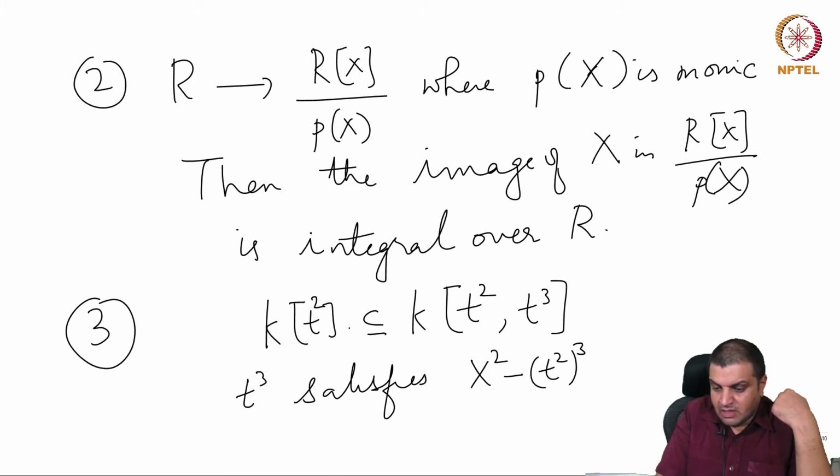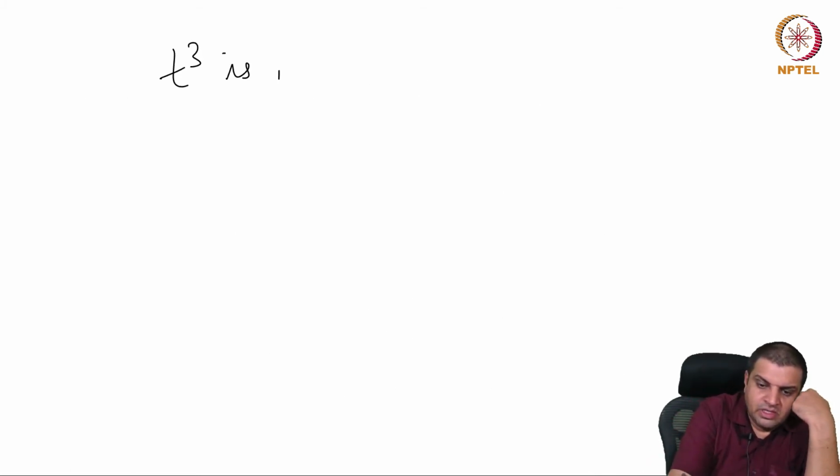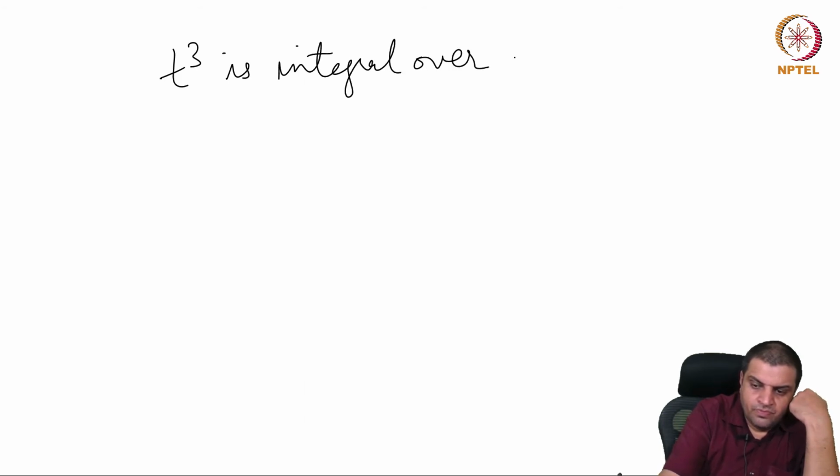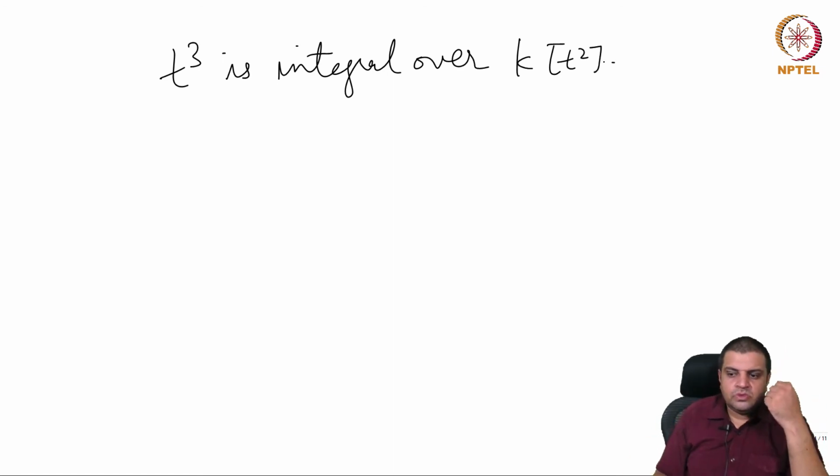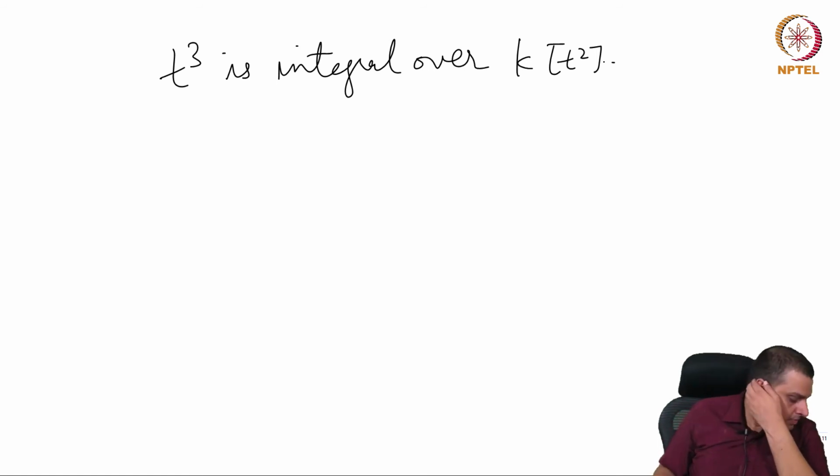This is from R, this t^3 is from S. So t^3 is integral over k[t^2], in that ring. Okay.